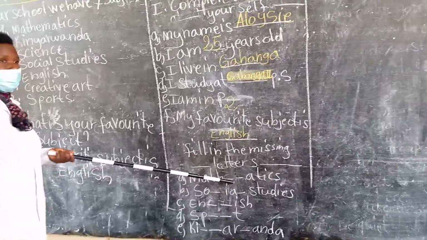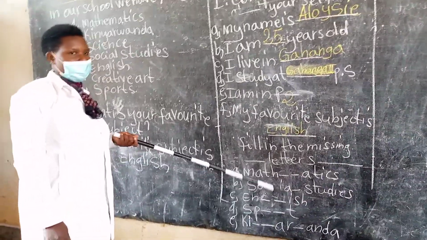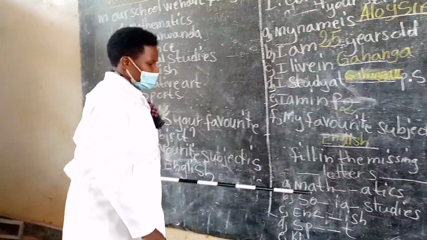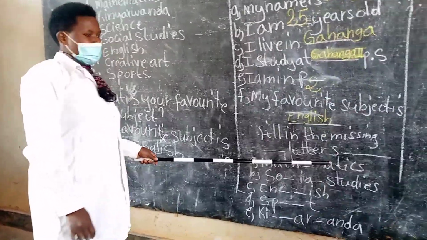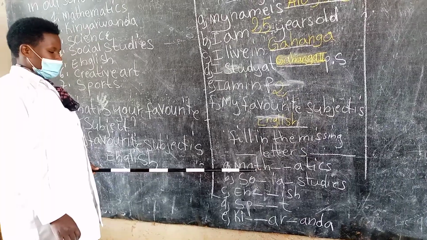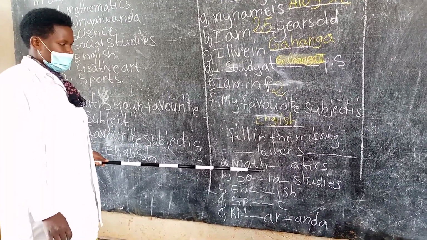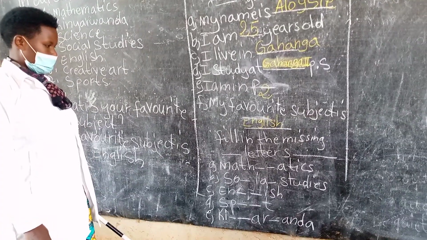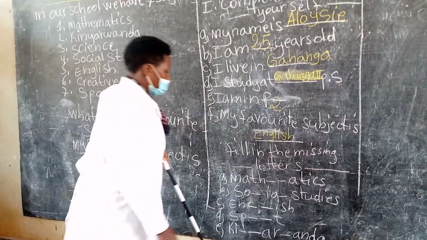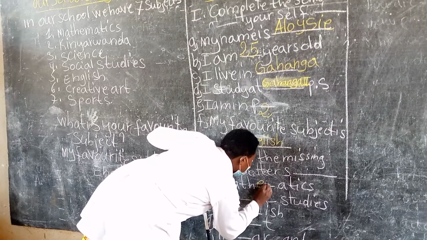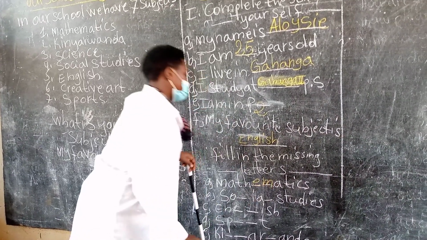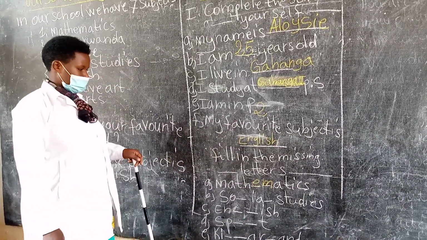Try to see if your children know how to write their subjects, or write some letters and miss the others. The first subject is mathematics.